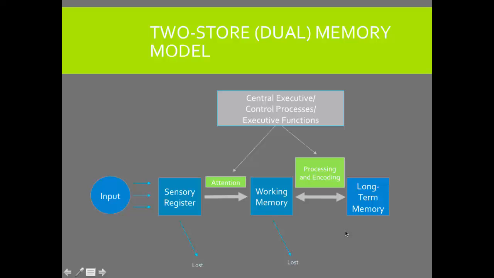Now, anything that we don't process and encode is lost and does not get stored in our long-term memory. So again, notice that the arrow between working memory and long-term memory goes both directions. This represents the way that we bring information out of our long-term memory to help with processing and encoding. Anything you are currently thinking about is in your working memory.